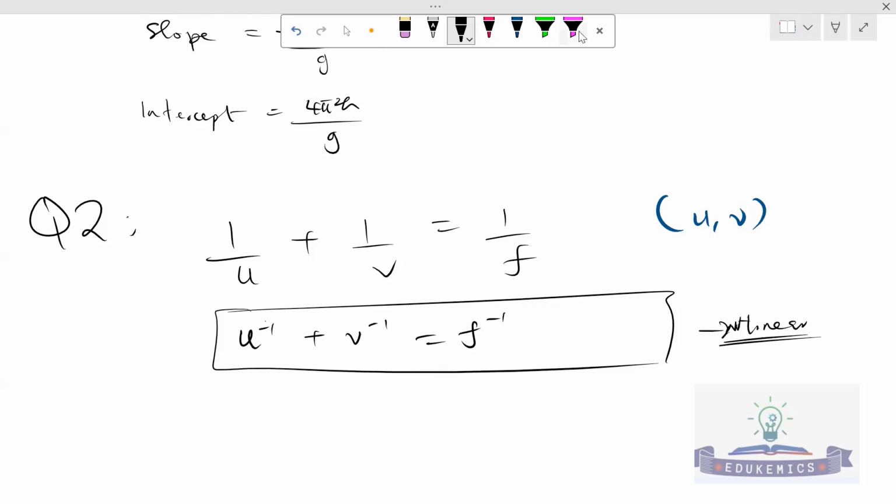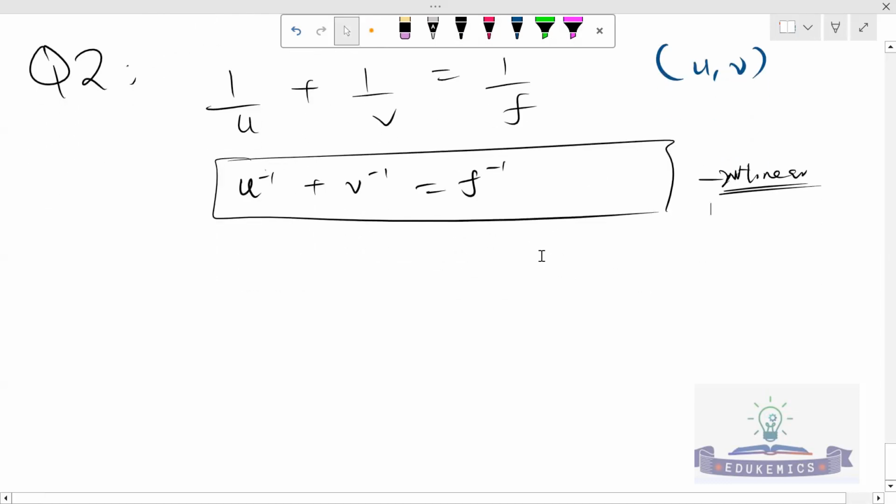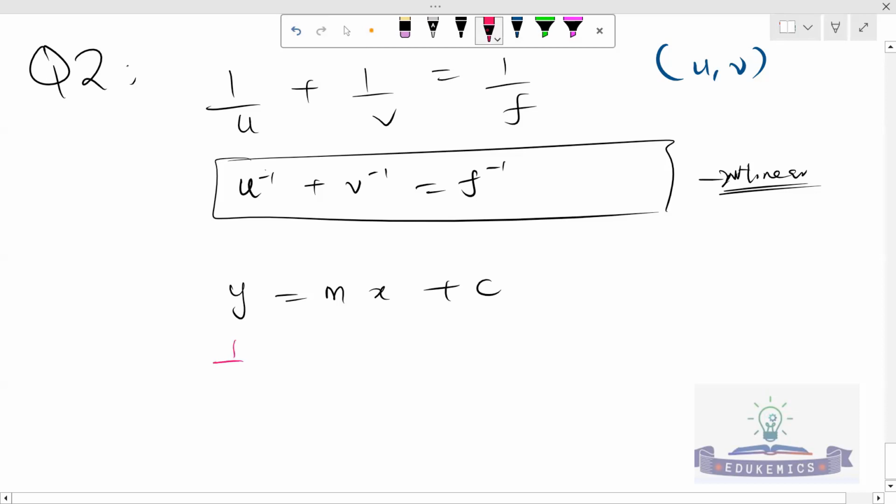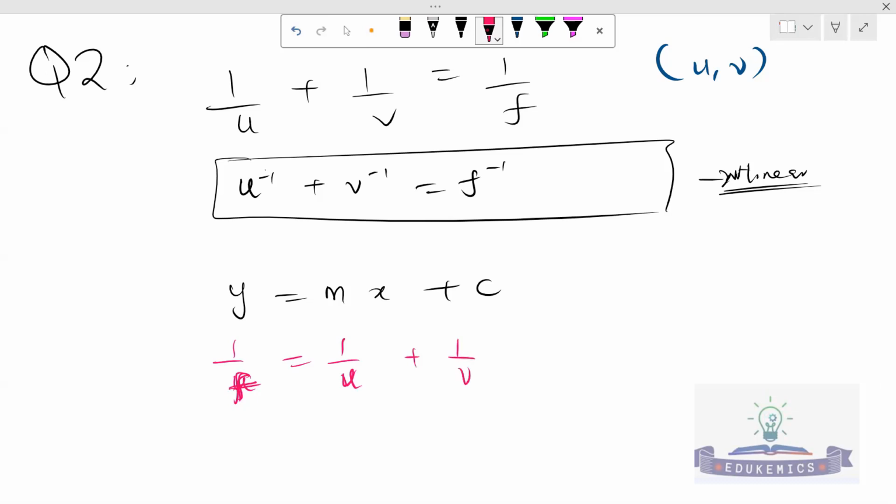So let's transform it to a linear graph. For us to have a linear graph, remember a linear graph equation is y equals mx plus c. And what do we have in our equation? We have 1 over u plus 1 over v equals 1 over f. Remember, f is a constant.